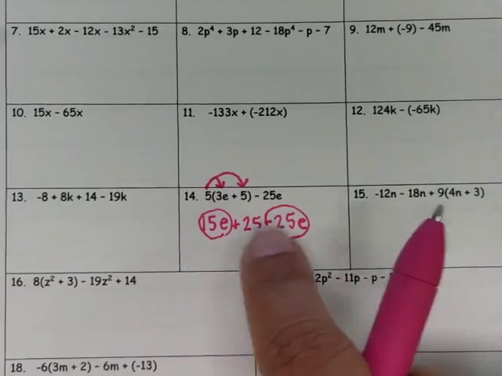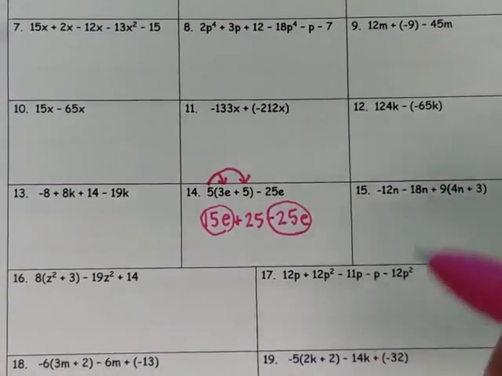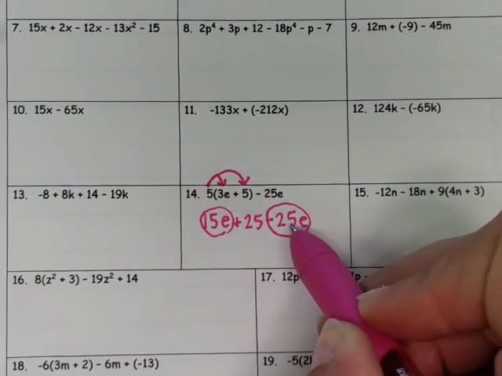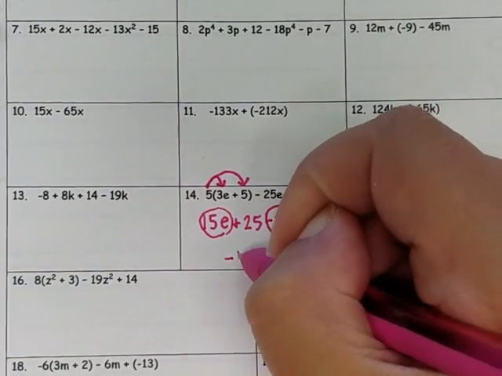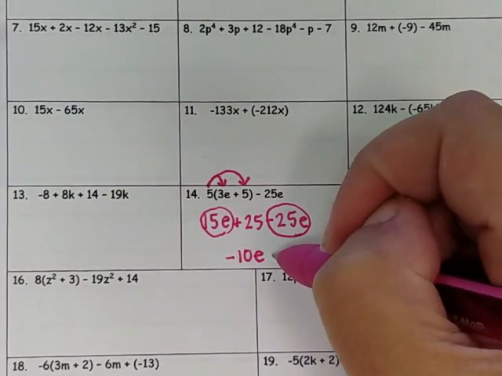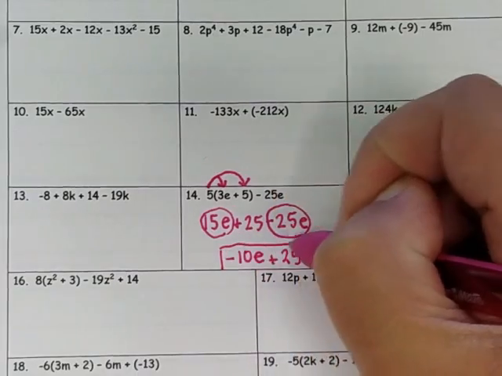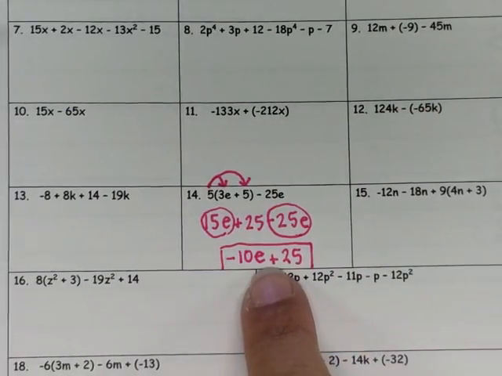So I don't say 15 plus 25, I say 15 minus 25. So be very careful when you're doing this. So 15e minus 25e is actually negative 10e. And then plus this 25, because that's the constant, I can just put that right here after. So this box right here is my final answer.